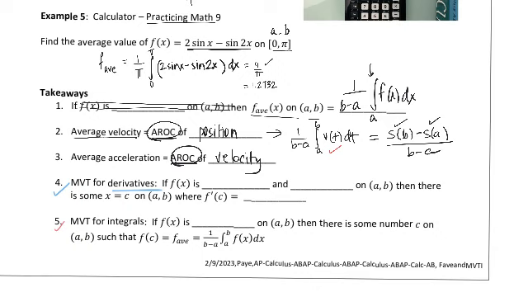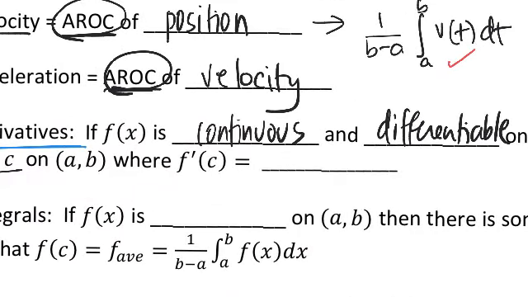And the reason is because of the mean value theorem of derivatives, which says that if f of x is continuous and differentiable on a stretch AB, then there is some x is equal to c on AB, where the instantaneous rate of change, right, this is the slope of the tangent line or the derivative, is equal to the average rate of change on that interval.